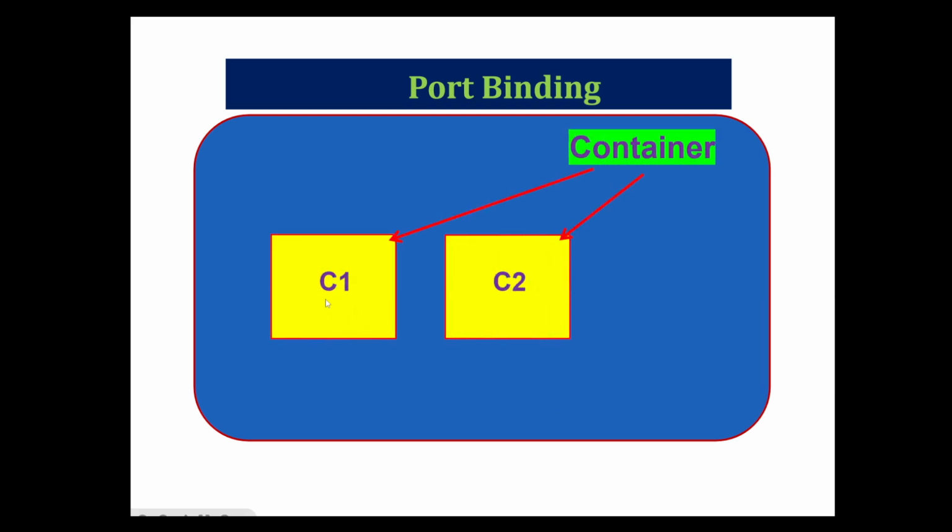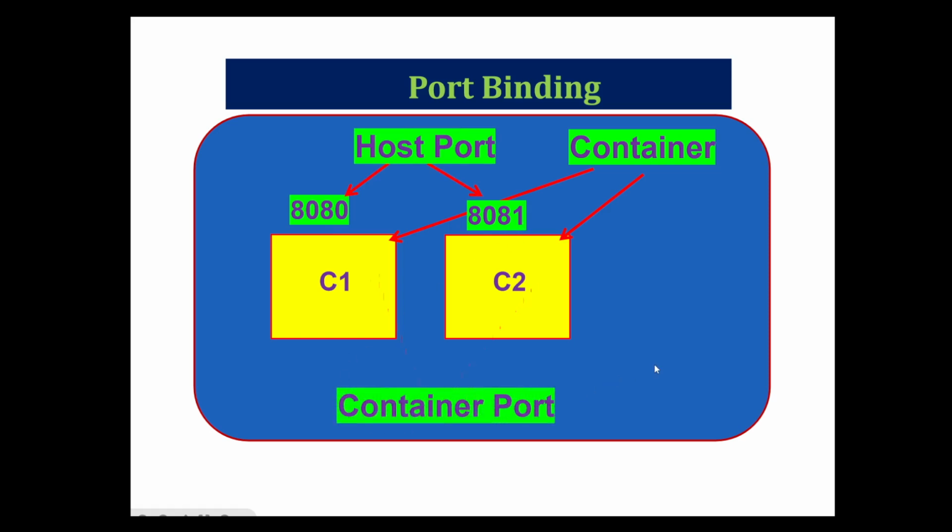Let us assume that we have two containers, container 1 and container 2, and container 1 has host port 8080, whereas container 2 has host port 8081. Each container has its container port: container 1 is running on container port 80, and container 2 is also running on container port 80.